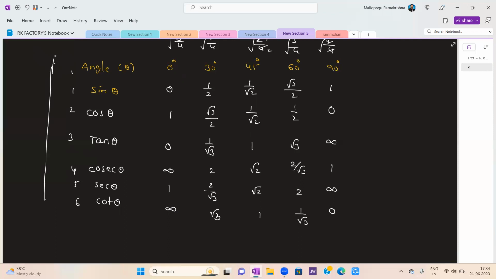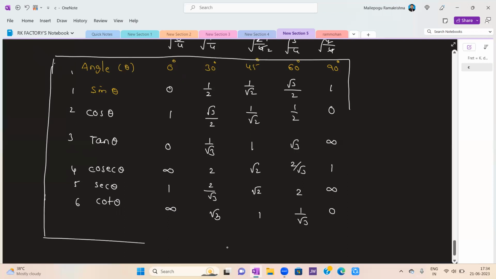So these are the standard values that we are going to use repeatedly. How these values come about and why these are the values, you will learn more in mathematics.